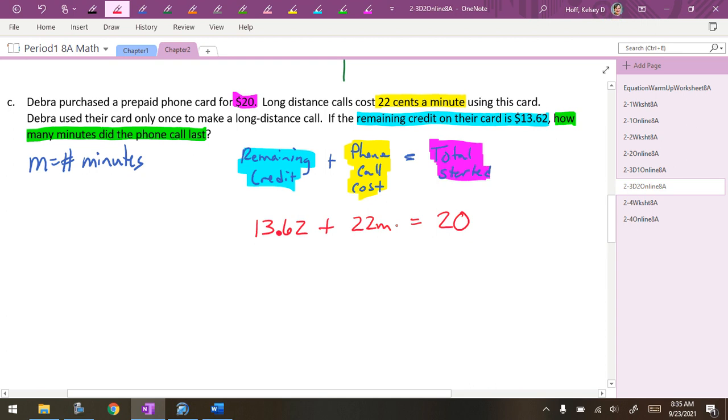There's one small change that we have to make. Courtney? Has to do with this word right here. A lot of times we look at the 22 and we just use it the way it is, but it's 22 cents.